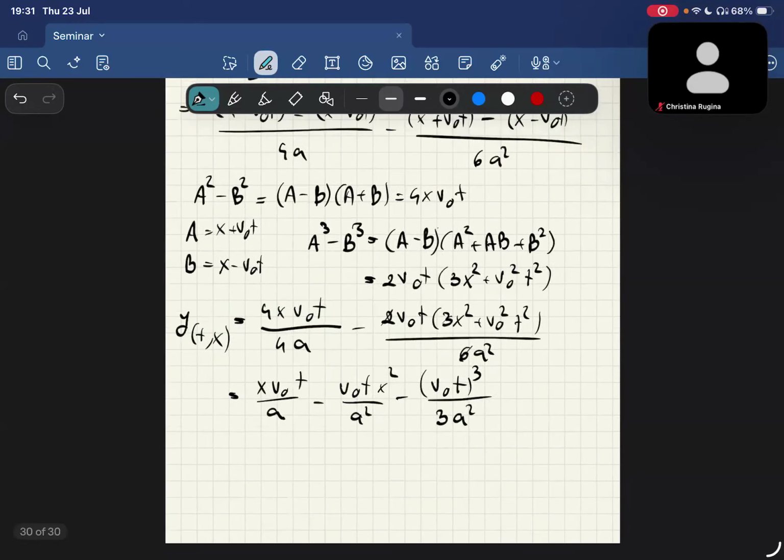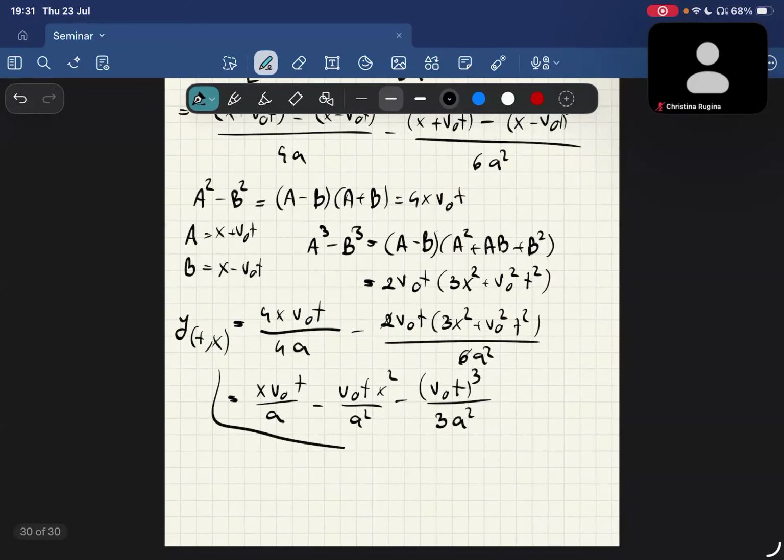Okay. So this is the final form of the wave function.